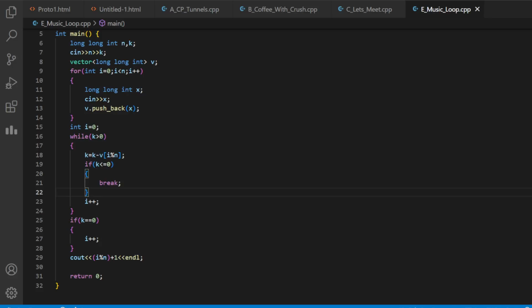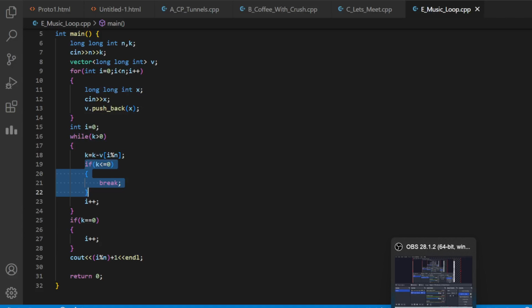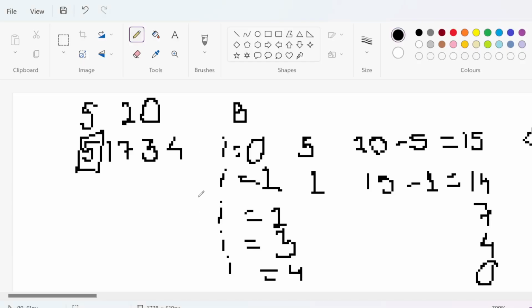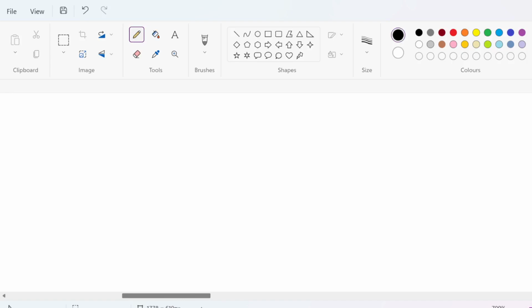Why did we break here? It would have also been broken here, right? We did this part because let us say there were two songs and the length of the break was, let's say, 4 seconds. And now the first song lasted 5 seconds and the second song lasts, let's say, 9 seconds.